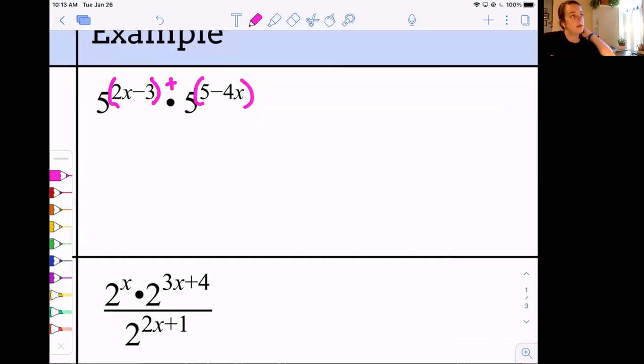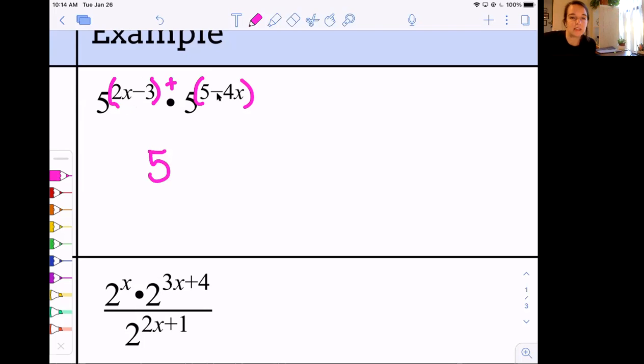Okay, so we have our same base here, so I'm going to add these exponents together. Notice the exponents look kind of funny. They're not just a single number that I'm adding together. This is that next step, that pre-calculus step, where we have a binomial as our exponent. So my base number is still 5, and then I'm going to add like terms.